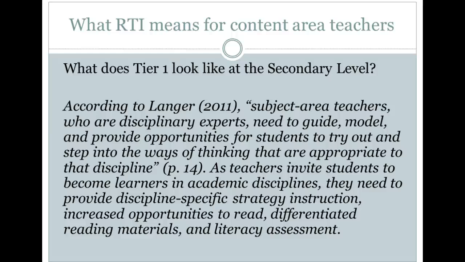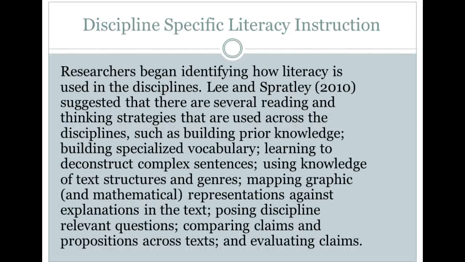So very similar to some of the key points of articles we've read previously in this class. We need to increase the opportunities that they're reading. We need to teach them specific strategies and use assessments. Researchers began identifying how literacy is used in the disciplines.